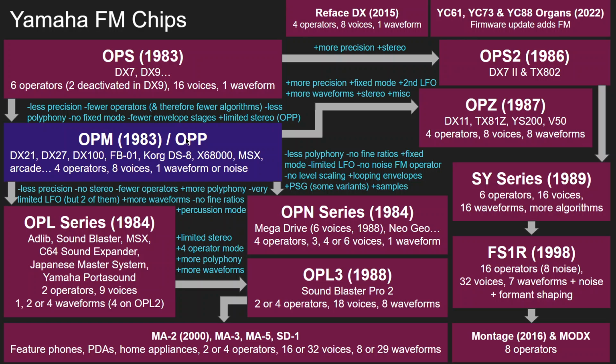Anyway, the long and short of this diagram is that I started exploring from this point because I remember the Mega Drive. I also remember the Sound Blaster card. We'll get to that in a minute. So I started exploring from there and then went backwards into learning about the Yamaha synthesizers.